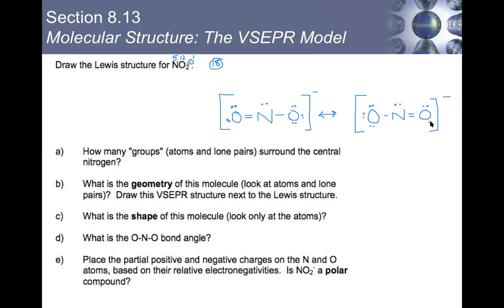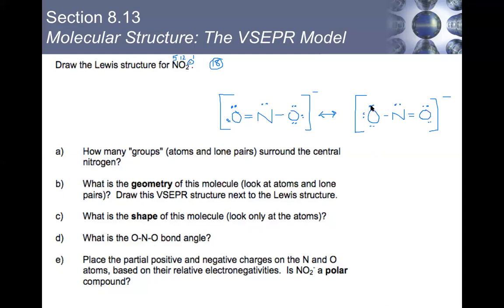And just because, what are the formal charges? Let's do it on the right one. What's the formal charge on this O? How many should oxygen have? 6, because it's in family 6A, right?